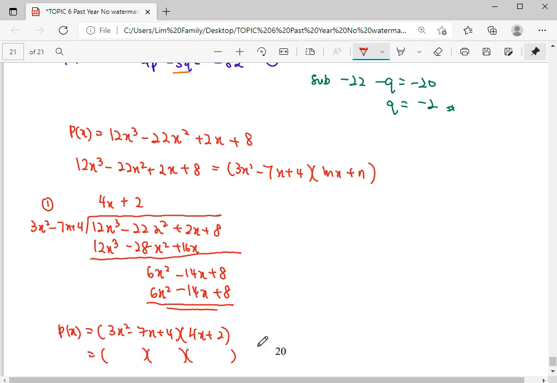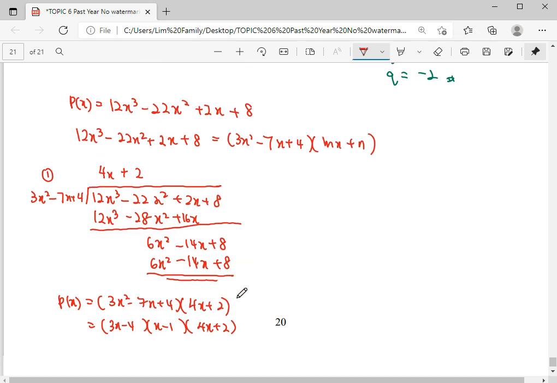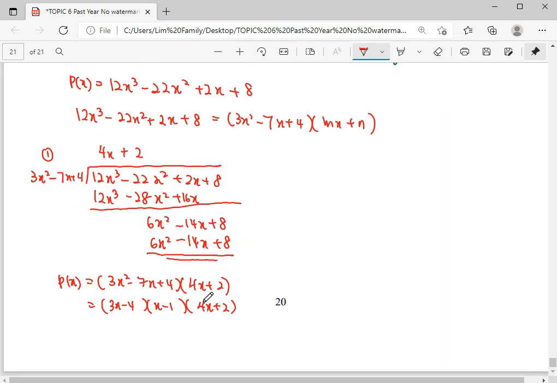We take the quadratic here and factorize it completely. And we can see this even number can still be factorized. So this is what we mean by factorize completely.